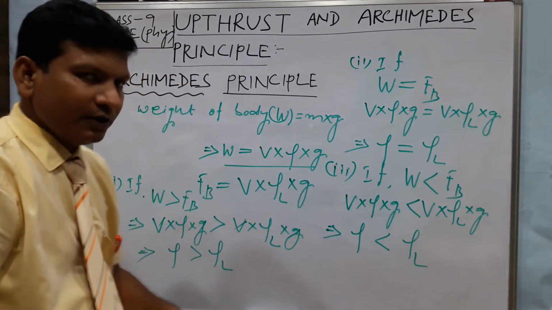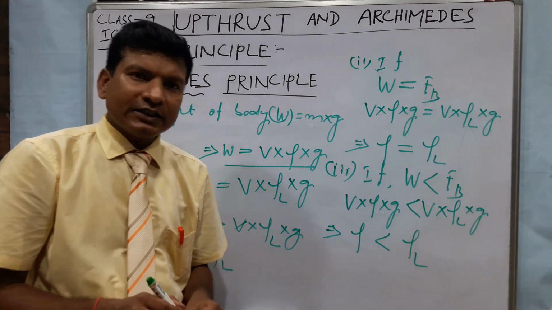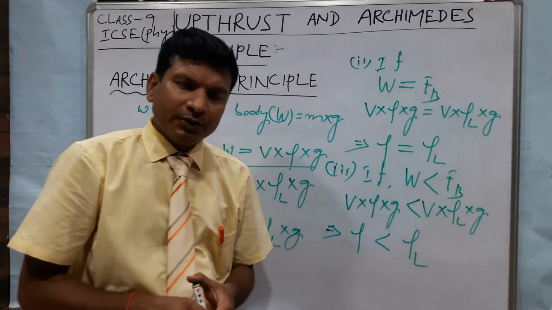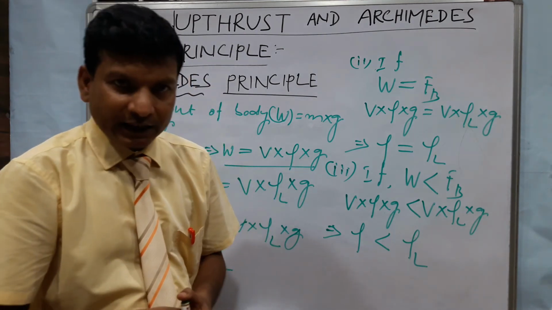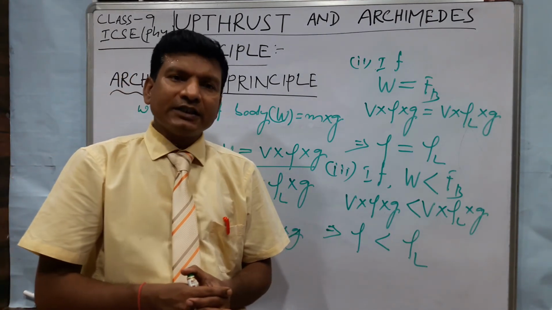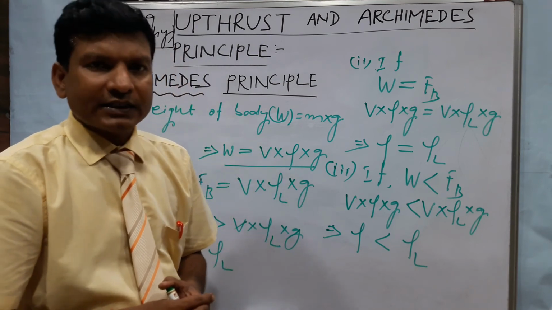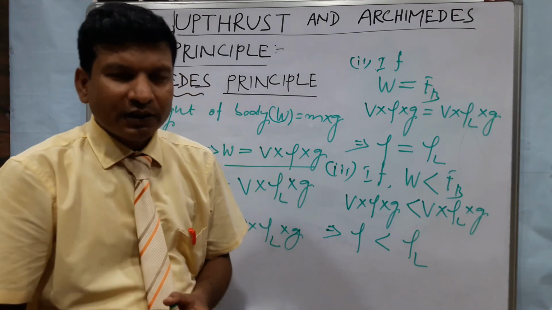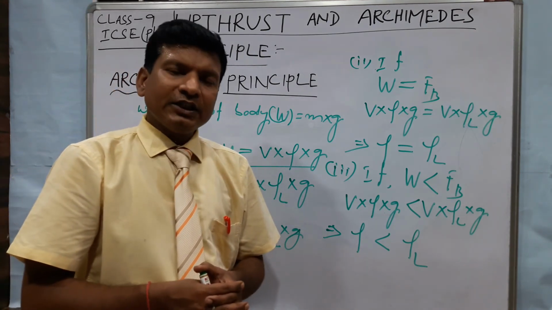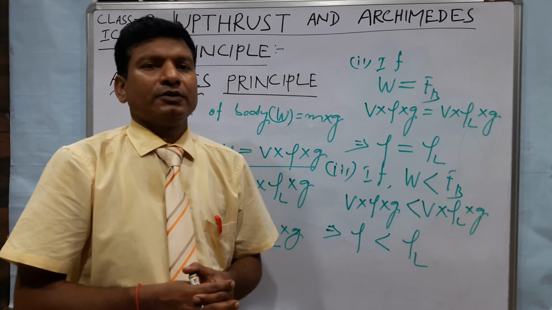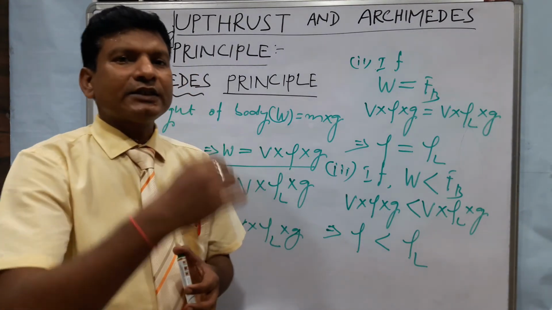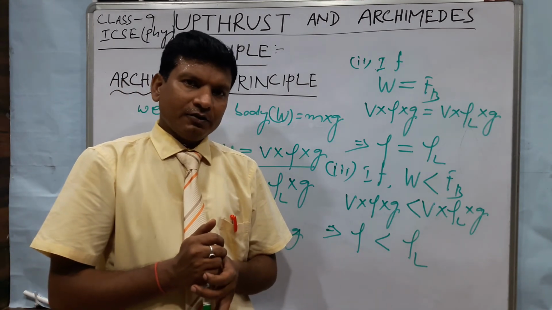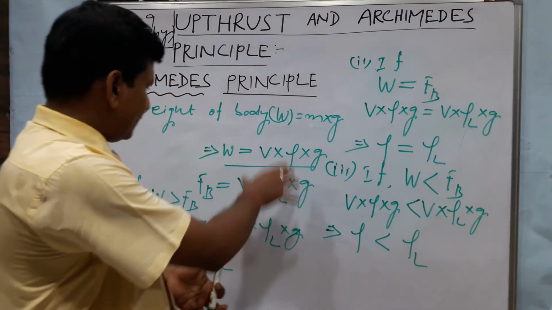Now see the 3 cases I have discussed. Once again I am saying to you, when the density of an object is more than the density of the liquid, then the object will sink. Now, if the density of the object is less than the density of the liquid, then the object will float. Now, if the density of the object is equal to the density of the liquid, then the object will float. Okay, all right. So there are three cases.